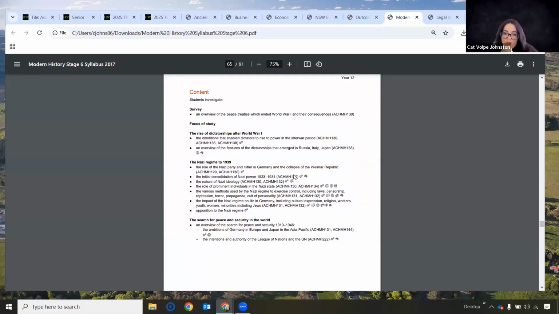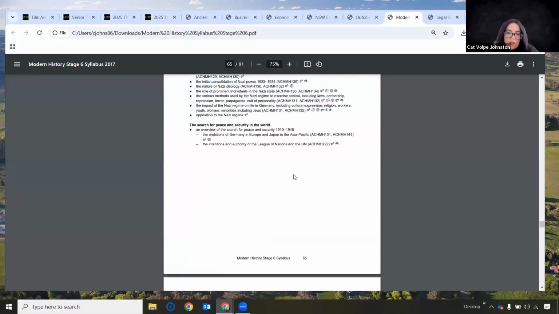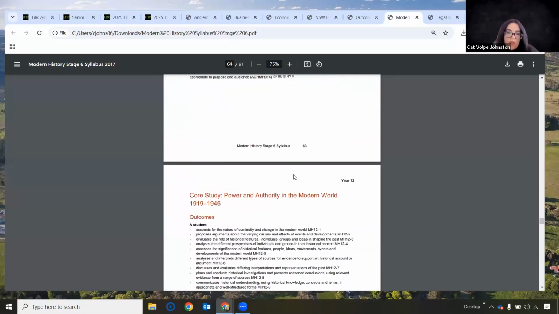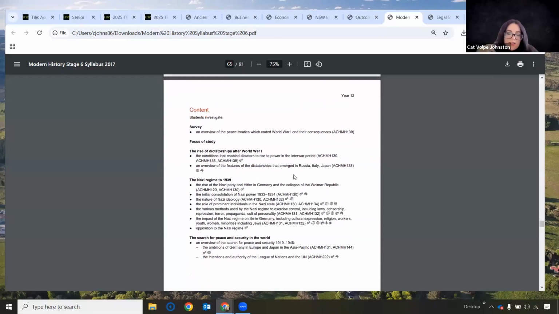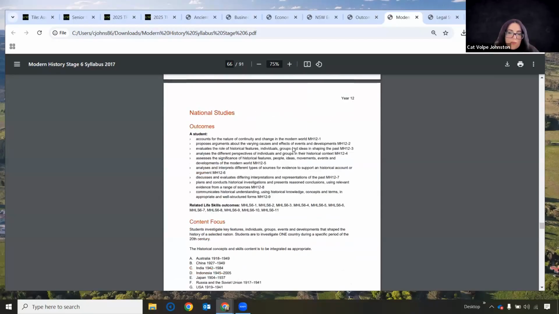In terms of the second topic, you might not want to do the core study unless you can think of how you can bring in that second topic. It might be a bit difficult there.